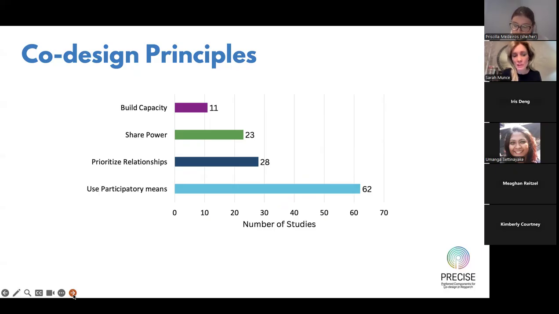So, using participatory means was the principle most commonly identified, followed by prioritizing relationships, sharing power, and then building capacity. Some co-design scholars argue that sharing power is the most important principle in co-design work, and so it was disappointing to see that a lower number of studies reported this particular principle.